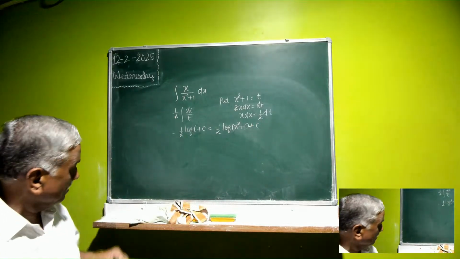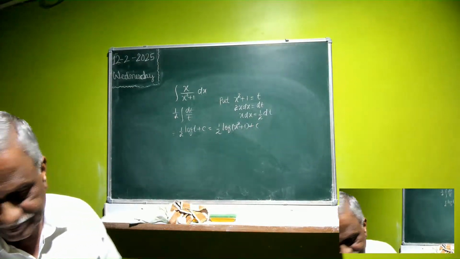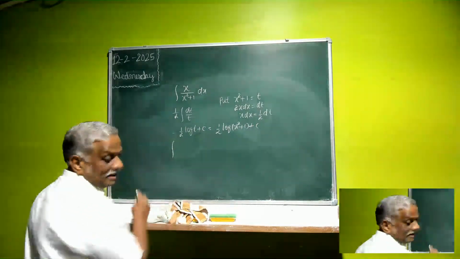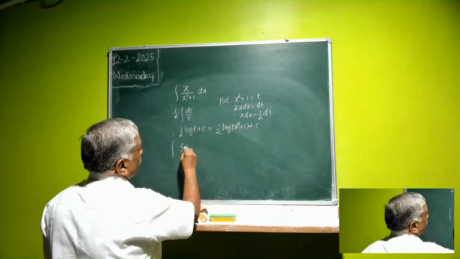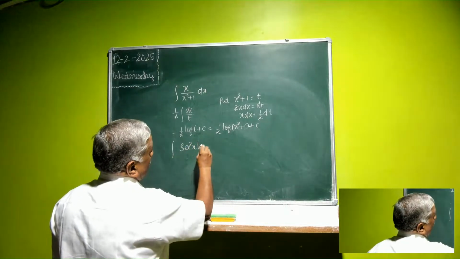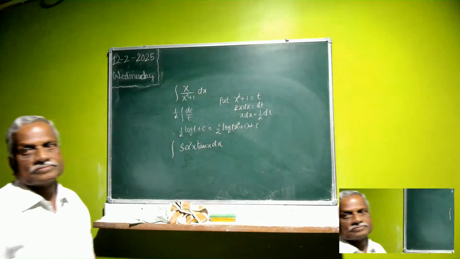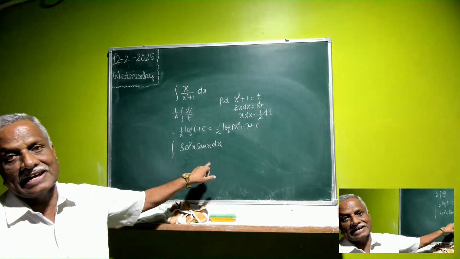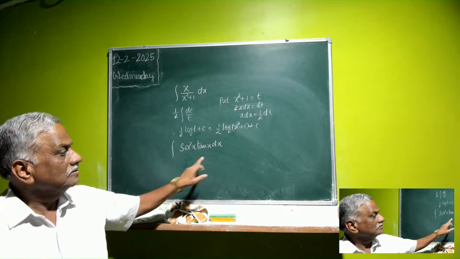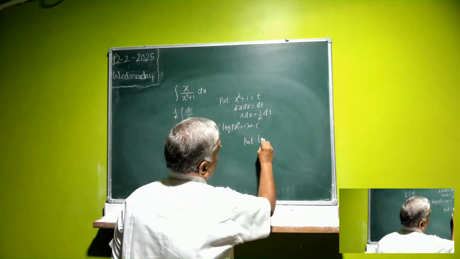Just work another 2-3 problems just to give an idea. Let us take secant square x tan x dx. Which one should I call t? We can call tan x as t. So put tan x equals t.